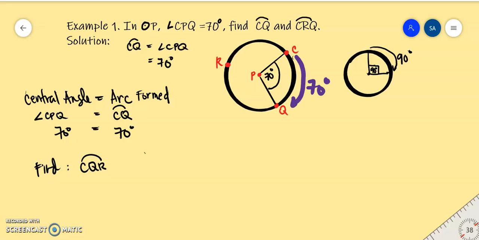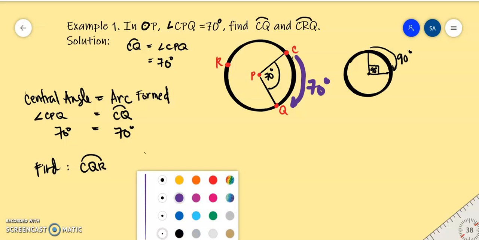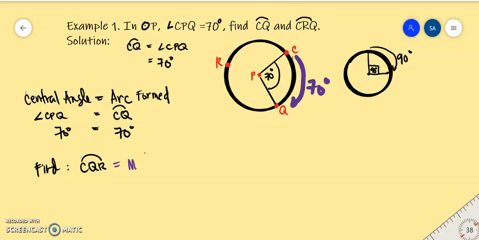Now, we want to find the CRQ or the remaining arc. Now, we know that CRQ here is our major arc. Bakit? Kasi yun yung pinakamalaking arc na natira. Our minor arc here is CQ.